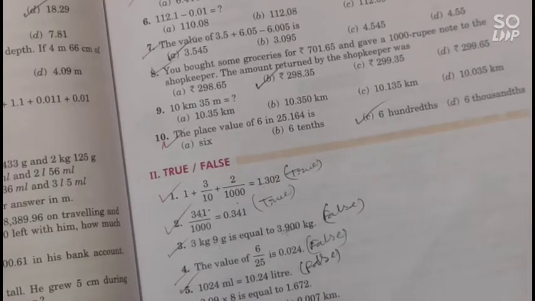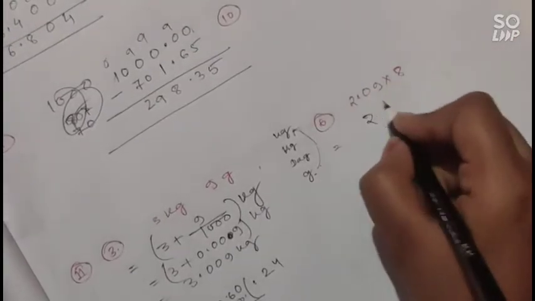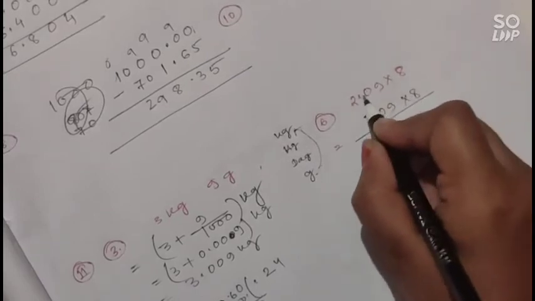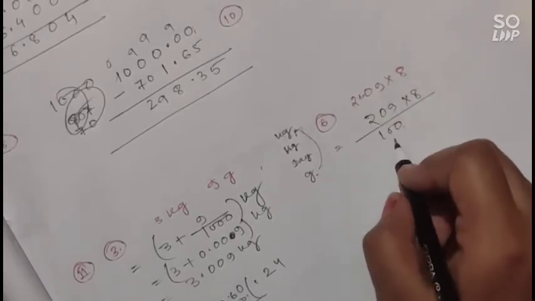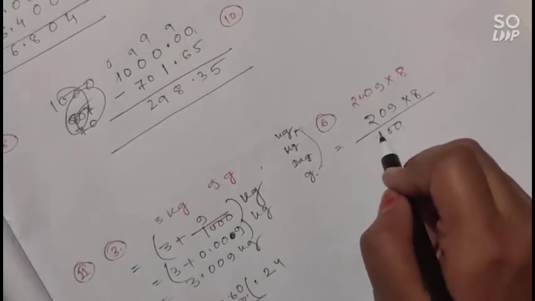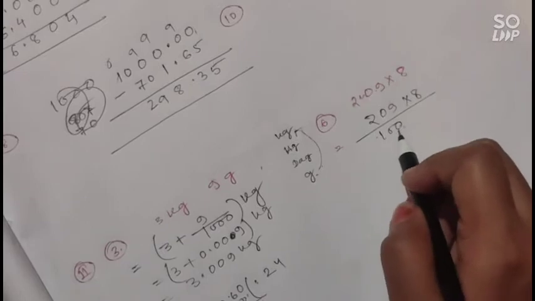Next one, 2.09 multiplied by 8. So first we will remove the decimal point, and for this decimal point you will write 1, and there are 2 decimal places, so 2 zeros will be written here.